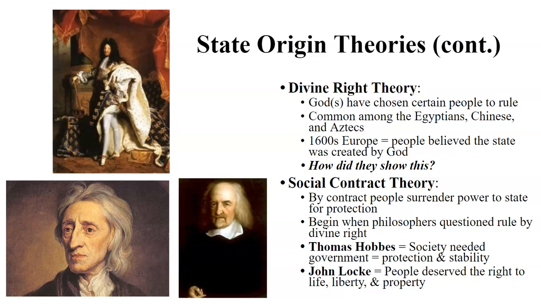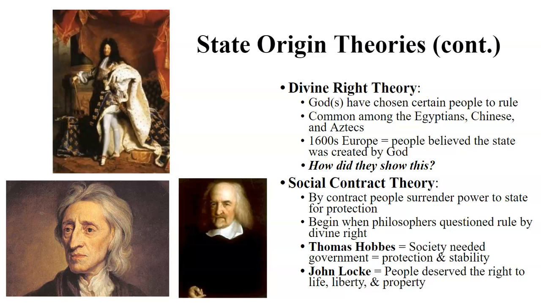It's that people enter into a contract to surrender certain powers to the state for protection. And how the social contract theory began was during the scientific revolution and the Enlightenment period, where philosophers and educators, okay, thinkers, started to question the rule of the kings of Europe in particular.